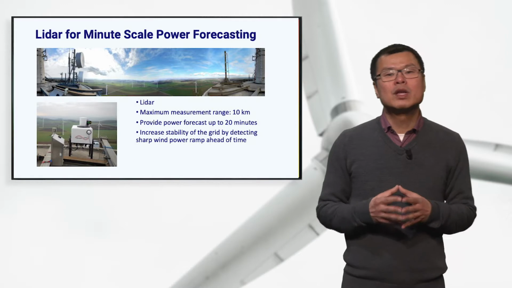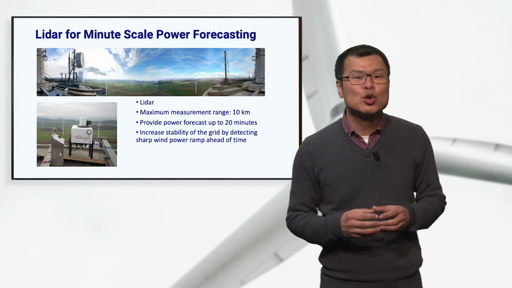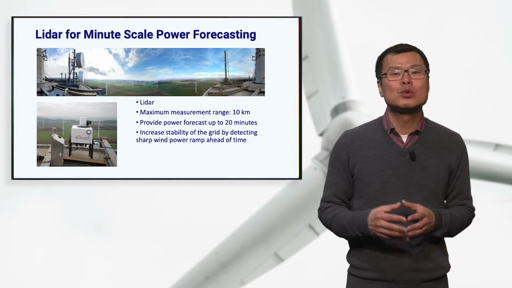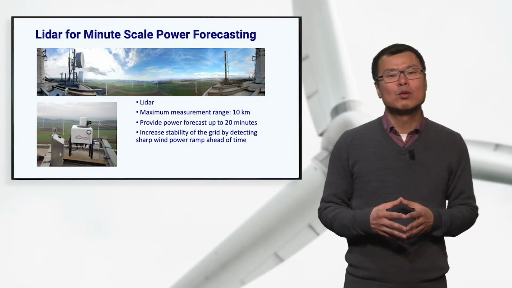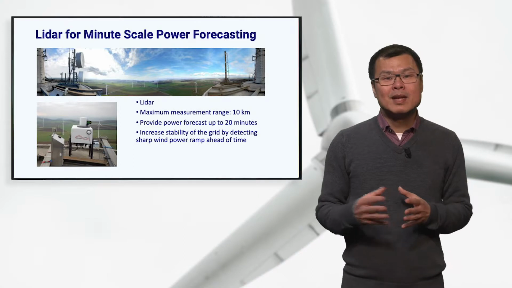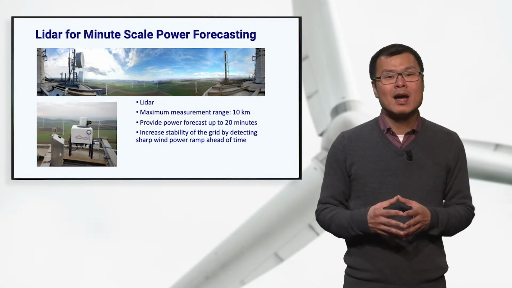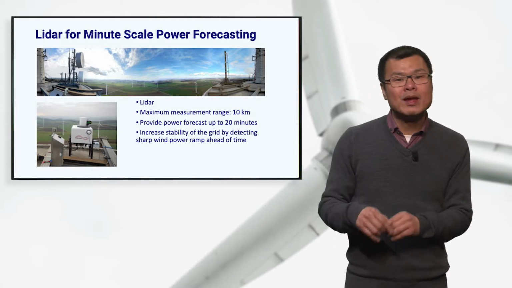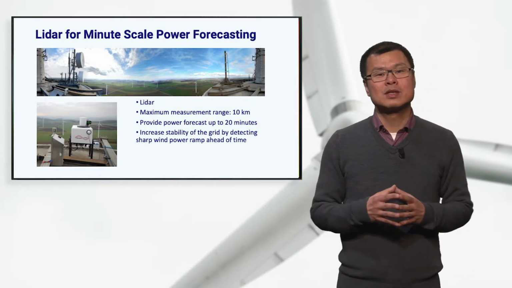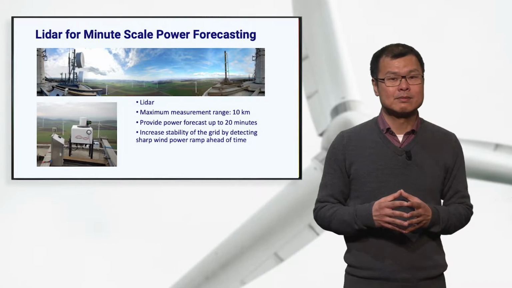This would give the grid operator about 10 to 20 minutes time to react to sudden changes in the power output of a wind farm. The ability to react ahead of time in an event of wind power ramp up or ramp down will be crucial for the stability of the grid.